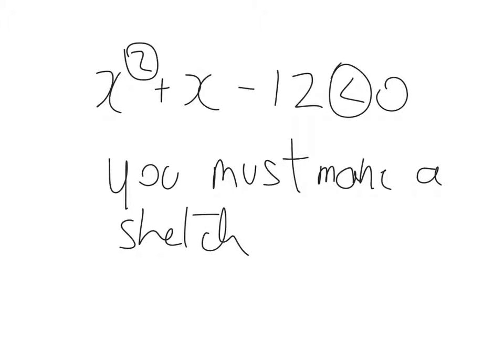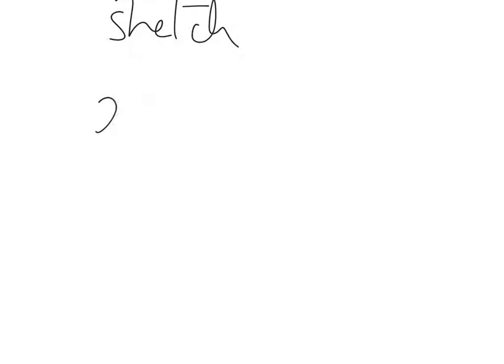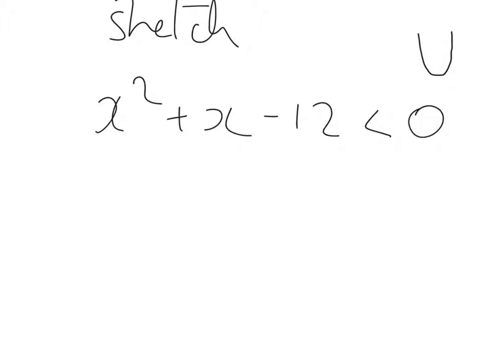So let's look at this one. x squared plus x minus 12 is less than 0. First of all, I can say it's a positive x squared, therefore it's a U-shaped parabola. I'll then look for the roots by making the equation equal to 0.